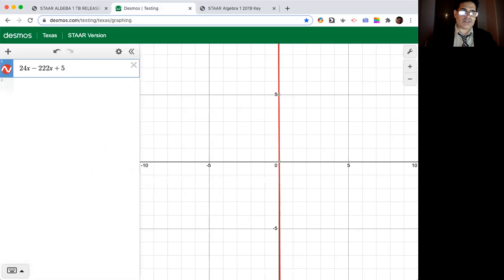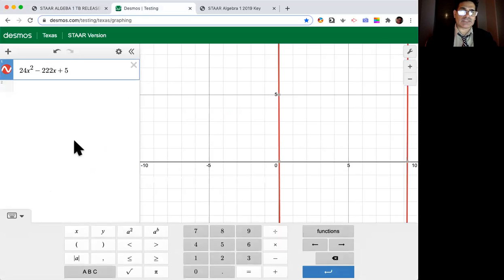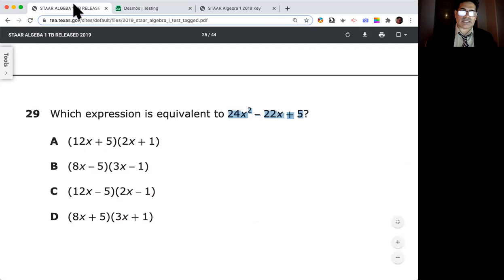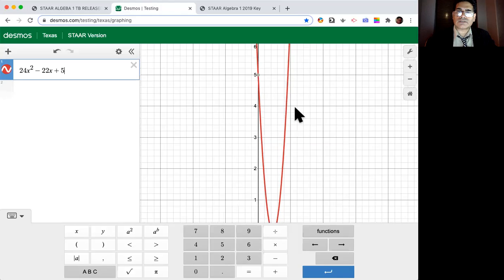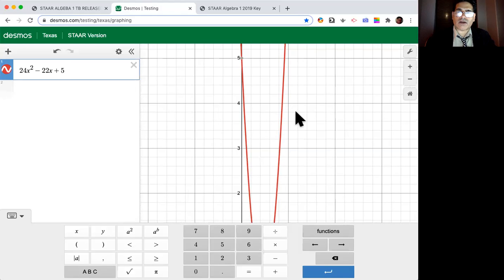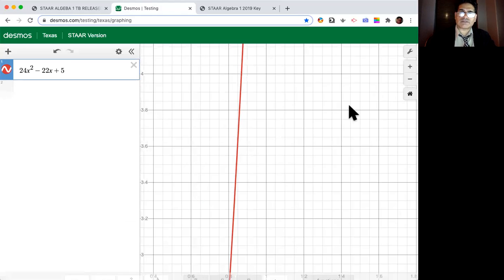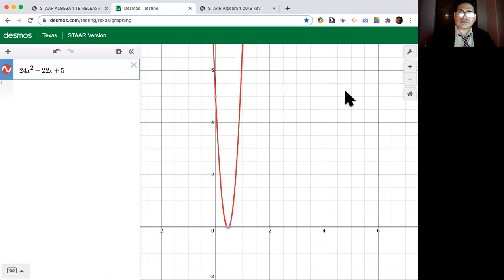I square the x by doing this, minus 22x. The last figure there is plus 5, and that's what our operation looks like. So our operation has to match that.